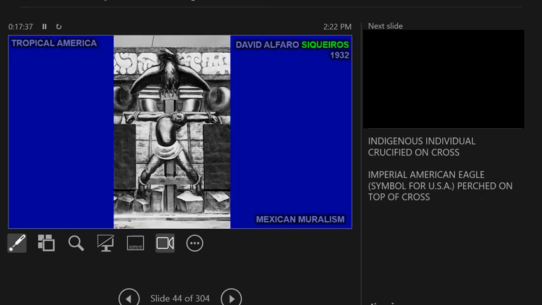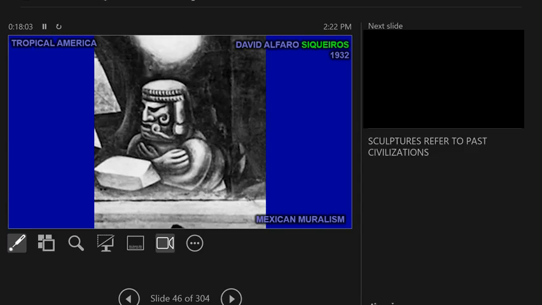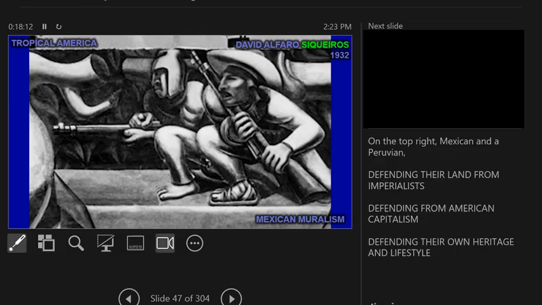And then we have this guy crucified on a cross with an American imperial eagle, which is a symbol for the United States, above him. And then the branches are threatening to engulf the pyramid to erase its history. We have a couple of sculptures that are hidden amongst the branches and the rubble, which is a reference to the ancient artwork of the Mayans and the Aztecs.